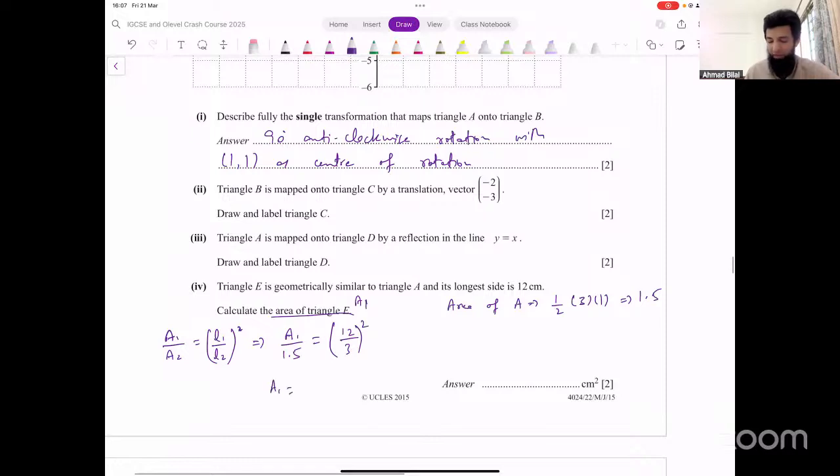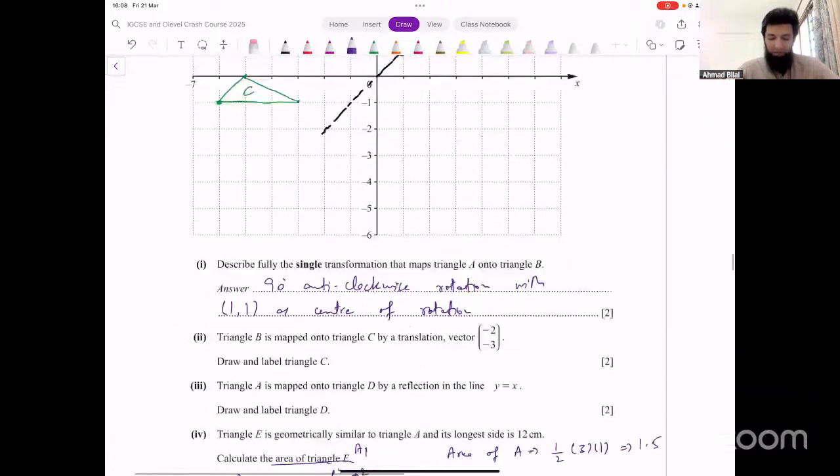The area of the bigger triangle is going to be 16 times 1.5, right? Because this is 4, and 4 squared is 16. 16 times 1.5 is 24. And that's the area we were looking for, 24 square centimeters. You can use similarity to find that area. That's one idea. Okay, that was this question.